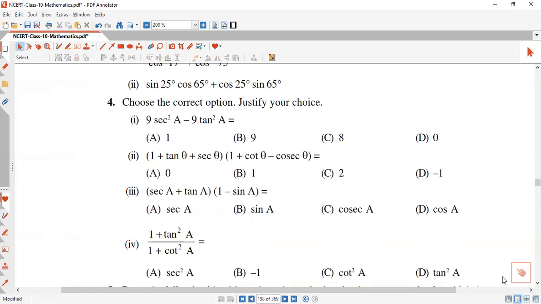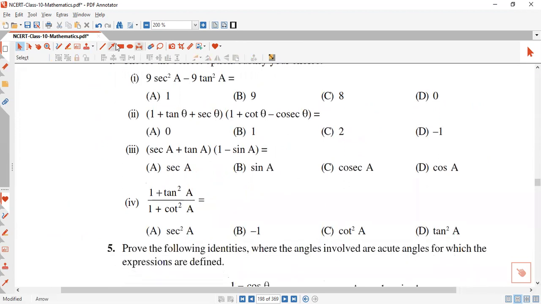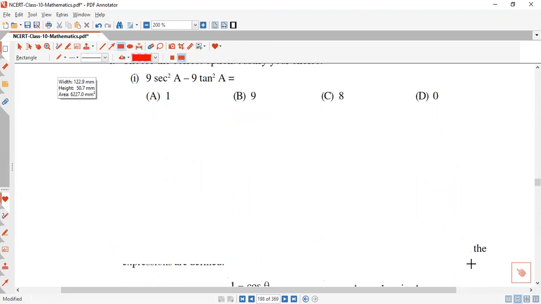Now, question number 4. Choose the correct options. Justify your choice. So we have to choose the correct option for this one: 9 sec square A minus 9 tan square A. Here we take the 9 common. So what are we getting?